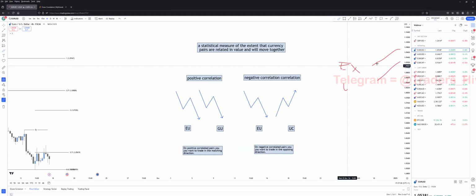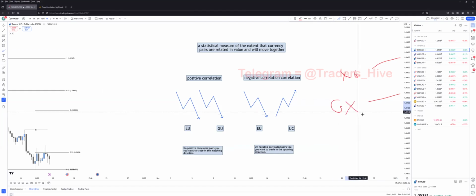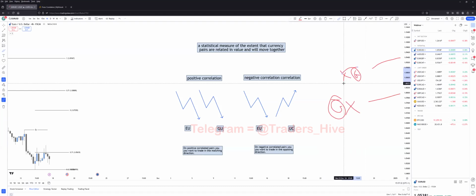And once again, you can take examples for negative correlation too. Let me just find one. For example, here is Euro GBP and there is GBP CAD. Here is Euro GBP. This is XXX GBP, and here is GBP CAD exactly right here, and this is GBP XXX, which means the GBP in these two pairs is the common thing, but it is on one side in one pair and on the other side in the other, which means these two pairs are negatively correlated, and likely if Euro GBP moves to the downside, GBP CAD has to move to the upside.